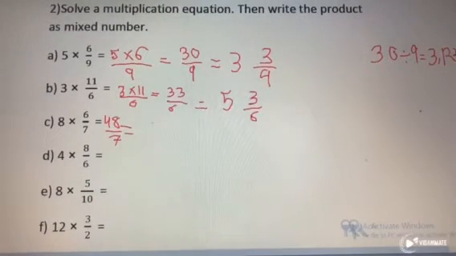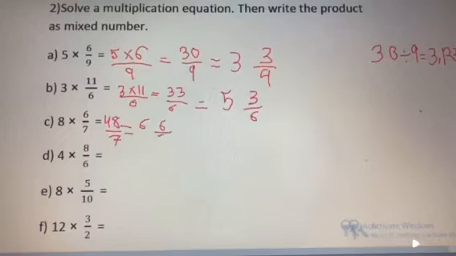It will be 6. 6 multiply 7 equals 42. The remainder will be 6. I will write the remainder as a fraction, 6 over 7. If you choose 7, 7 multiply 7 equals 49, and 49 is more than 48, so I will choose 6. 6 multiply 7 equals 42, and plus 6 will be 48.